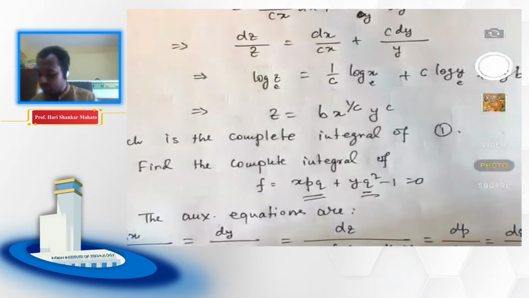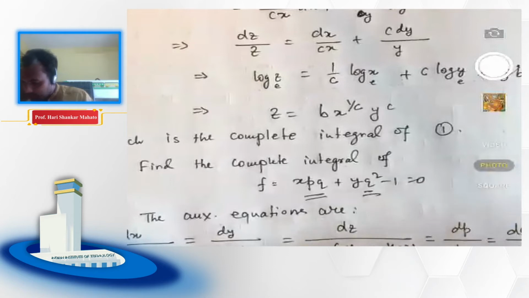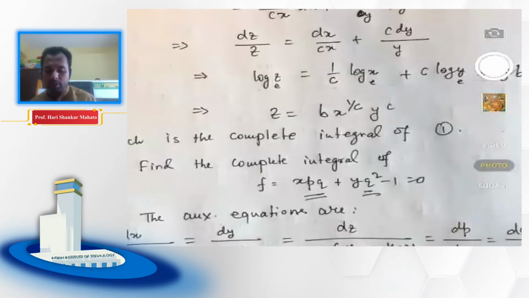So here, if you take the first and fourth fraction, then you will get some relation between x and p. Also, if you take the fourth and fifth fraction, then one q will get cancelled and we'll get a relation between p and q. That's good.